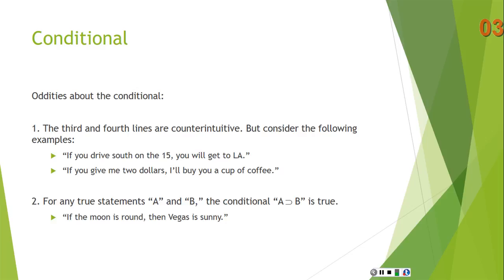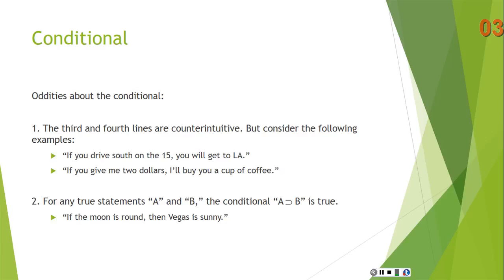Because you started from Vegas, you drove south on the 15, you just kept driving, and you didn't get to LA. Well, then I lied to you because I said if you do drive south on the 15, you will get to LA. Now, of course, if you drive south on the 15, you'll get to LA. That's just the truth of the matter, but it's an example I'm giving you.